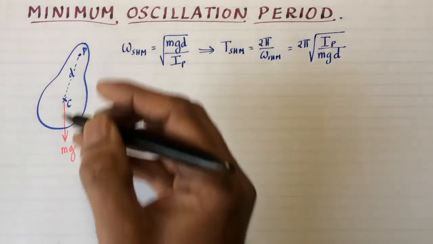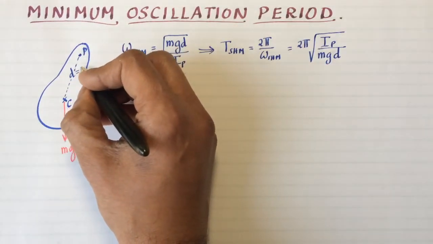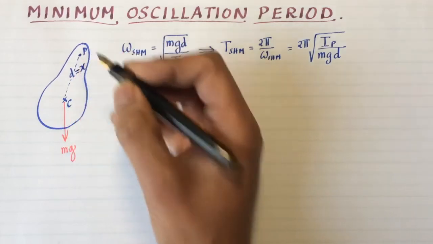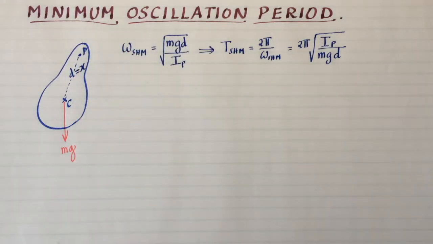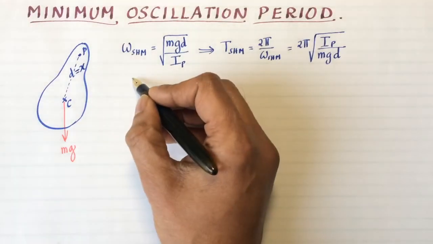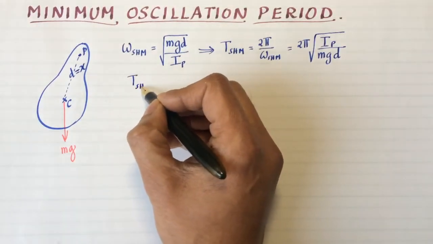Now for this analysis, I'm going to take the distance to be the variable. So I'll call the distance between the pivot point and the center of mass x, because it's now a variable, and I'll write the period as a function of x.